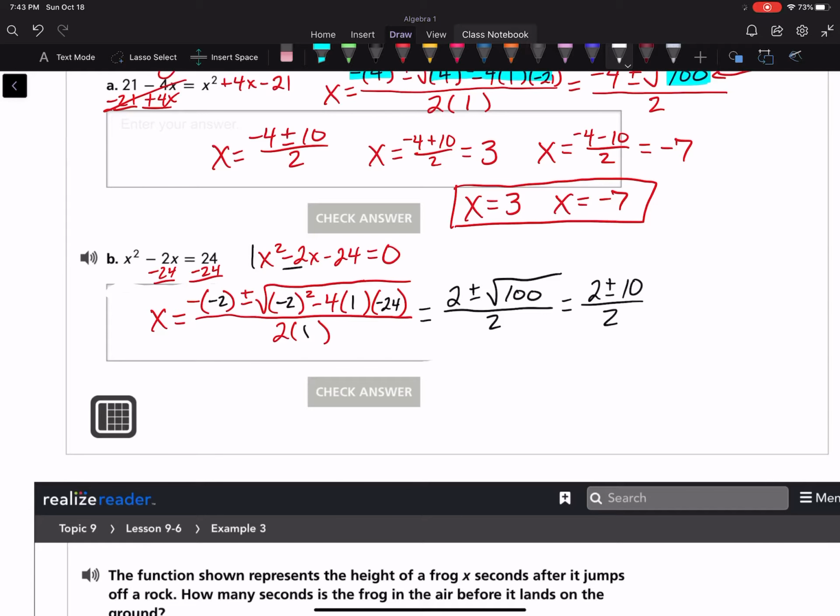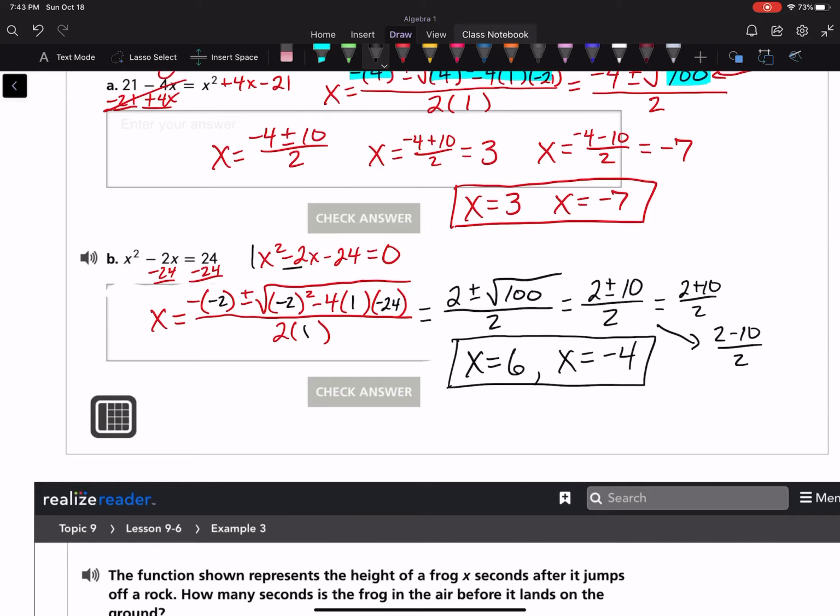And simplified there, x will equal 2 plus 10 is 12, divided by 2 is 6. 2 minus 10 is negative 8, divided by 2 is negative 4. Again, you get 2 plus 10 over 2, and you also get 2 minus 10 over 2. Okay, so those are my two real answers.